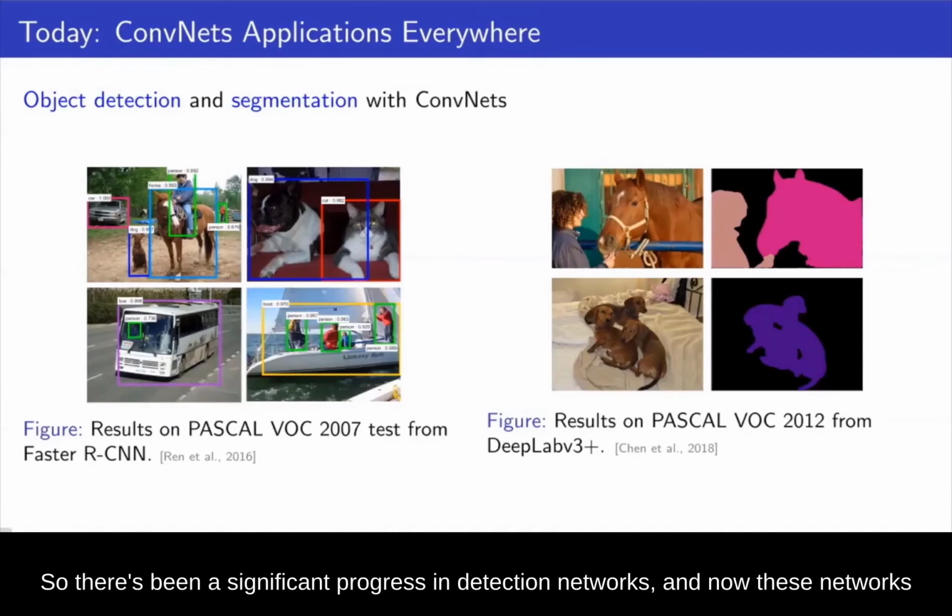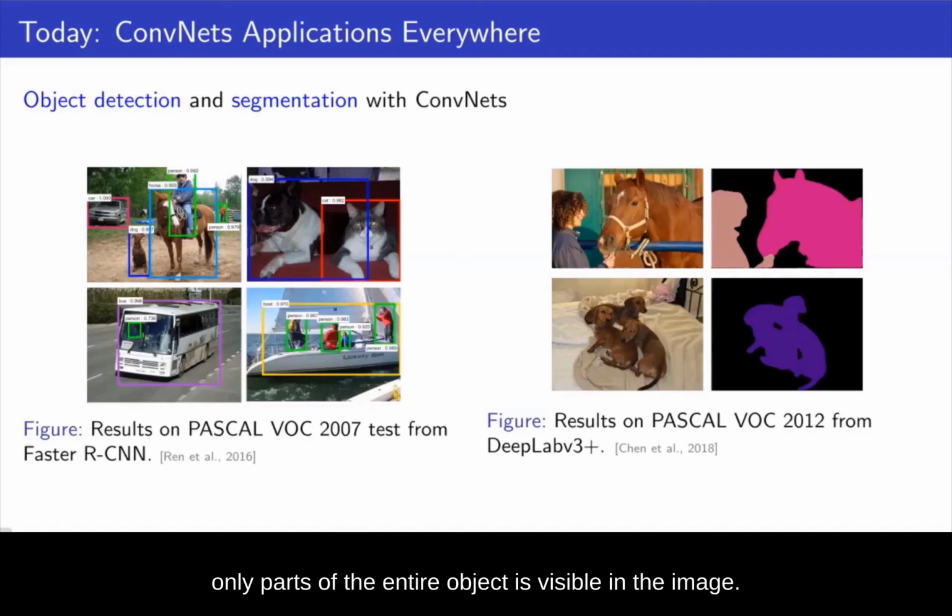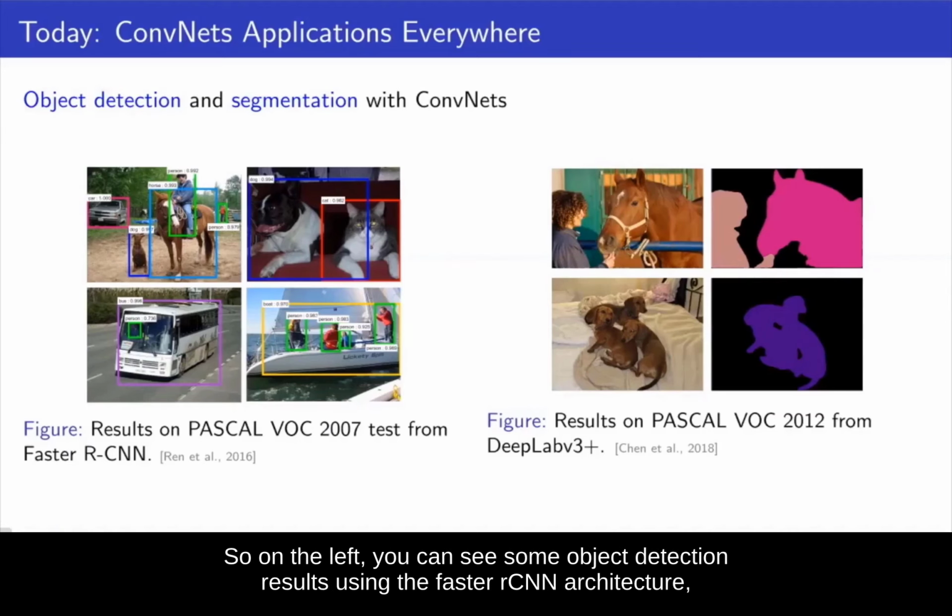There has been significant progress in detection networks, and now these networks also perform really well in very challenging situations, such as heavy occlusions where only parts of the entire object are visible in the image. On the left, you can see some object detection results using the Faster R-CNN architecture.